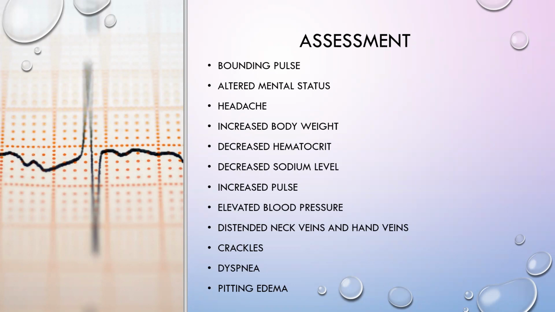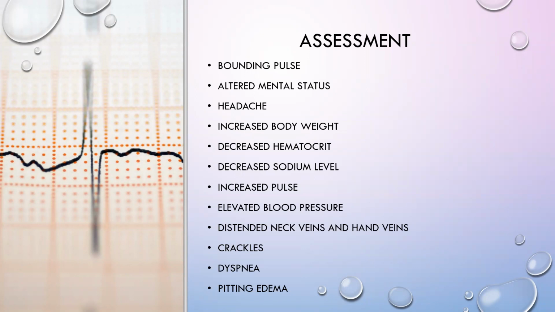Assessing in the gastrointestinal system, you as the nurse will be assessing for increased motility in the gastrointestinal tract. The patient may have diarrhea, increased body weight, liver enlargement, and ascites.